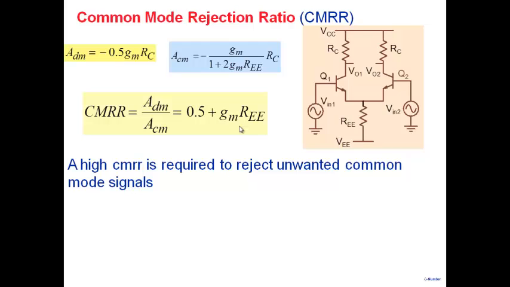Now we require CMRR to be high from a differential amplifier. How high? A good value of CMRR may be 10 to the power 5 or 10 to the power 4. Those are considered good values of CMRR. Now the issue is, can I get that much CMRR from a circuit like this?